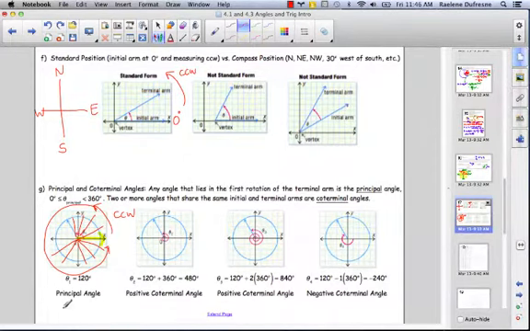Principal just means one or in the first. So in the first revolution of an arm, any angle in that first revolution is the principal angle.